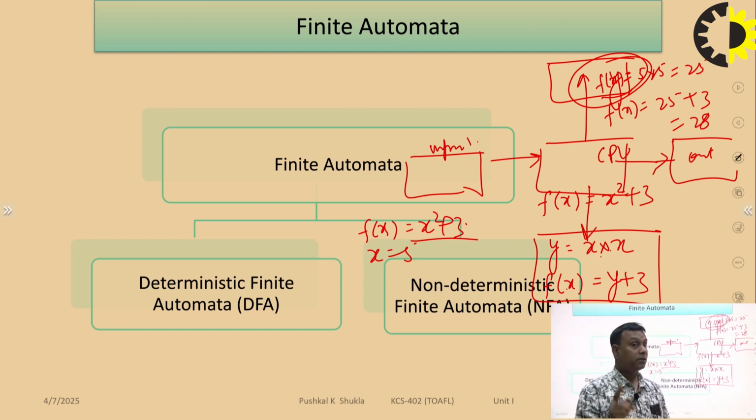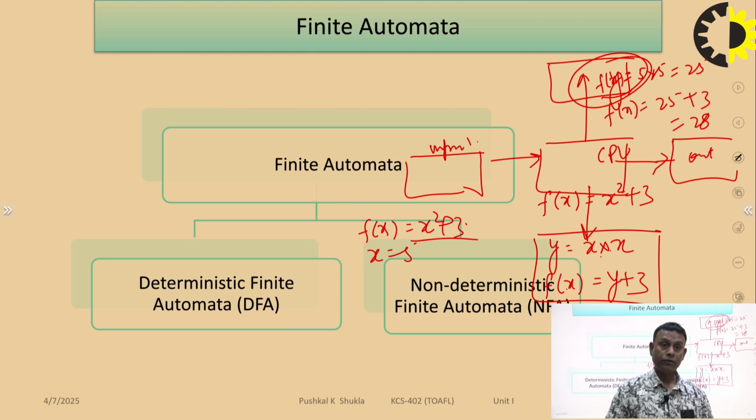There is a special type of temporary memory known as a stack, which is present in the PDA, pushdown automata. This stack is useful for pushing and popping operations. Another type of automata is the Turing machine, which has random access memory.